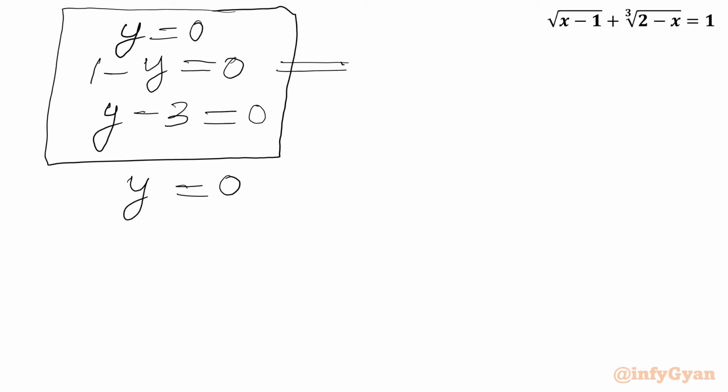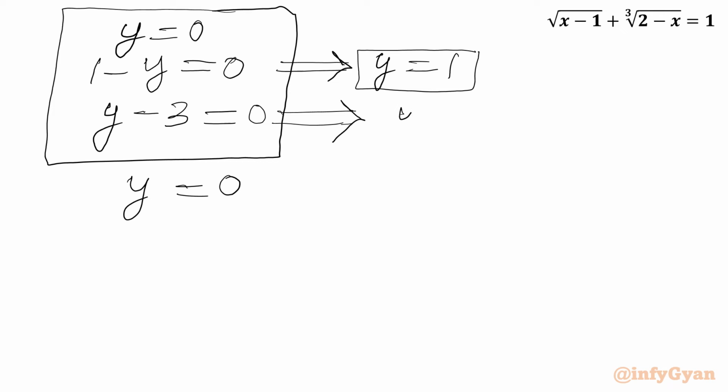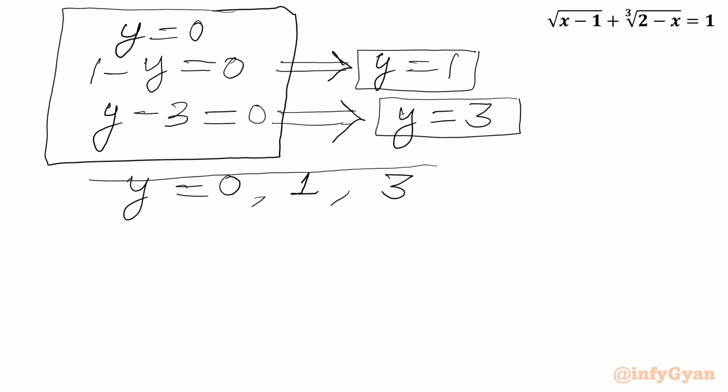From the second equation, we'll take 1 to the RHS, we'll get y equal to 1. And from the third equation, we'll add 3 to both sides and get y equal to 3. So we have 3 solutions: y equal to 0, y equal to 1, y equal to 3.